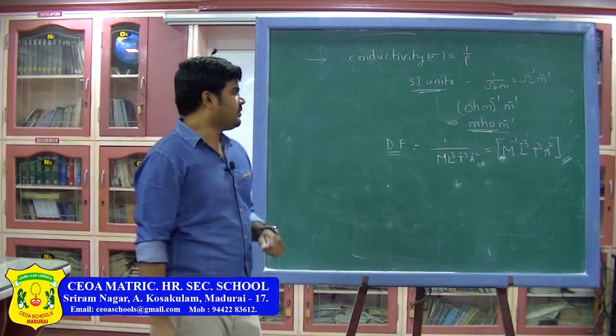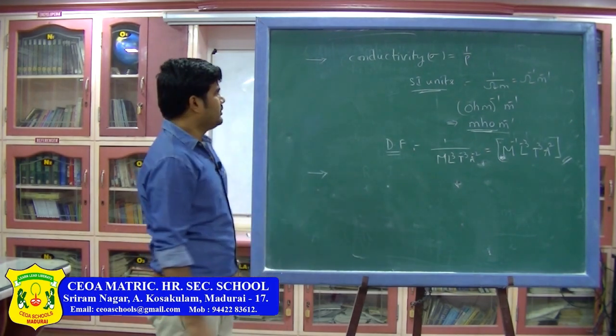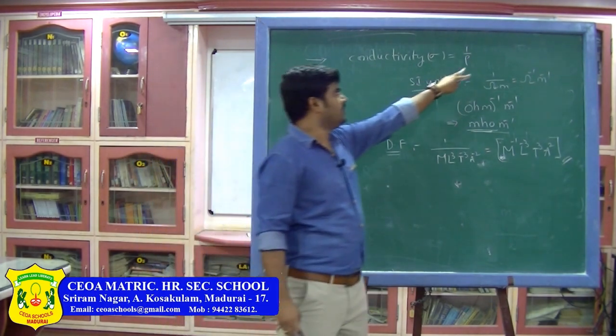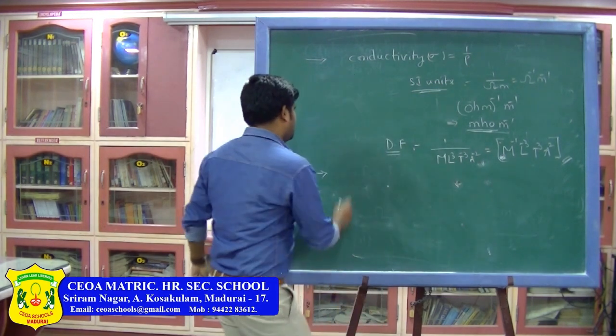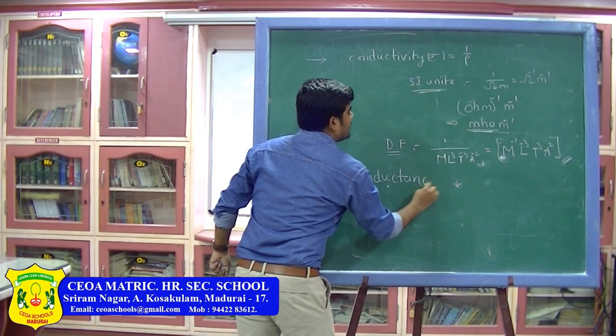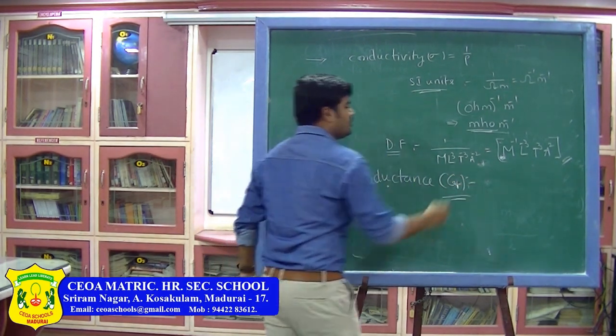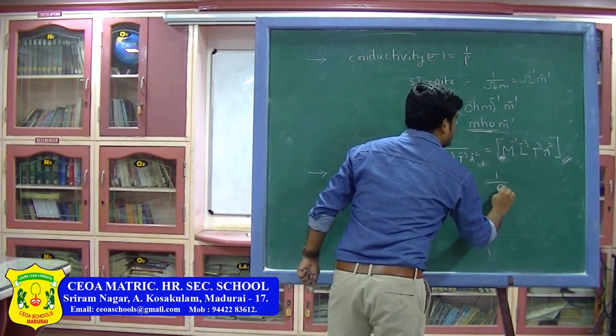Now, let us define the next one, that is conductance. Conductivity is the reciprocal of resistivity. Conductance, represented with capital G, is the reciprocal of electrical resistance.